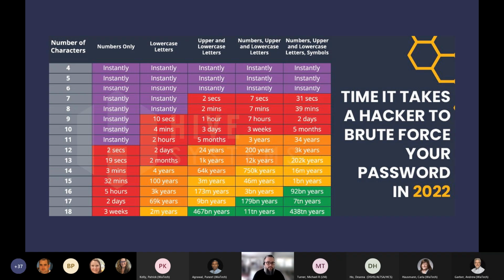And of course, mileage may vary, but this is the general idea of how long your password will last given certain statistics, right? So our original 6-character password is pretty much, don't even bother with it.